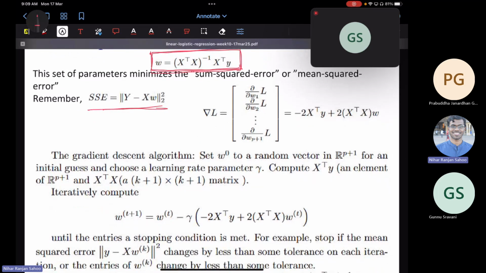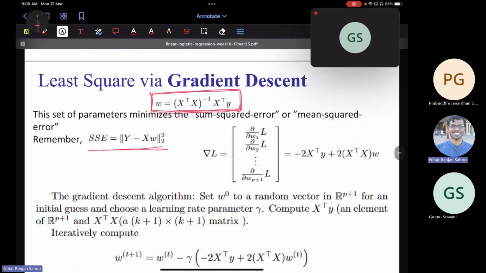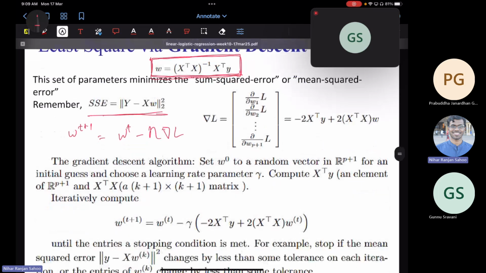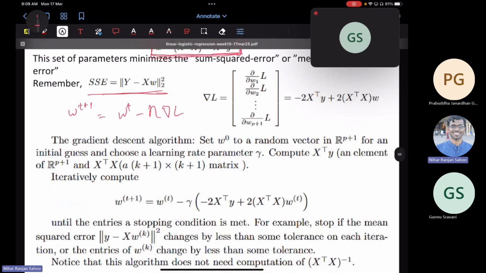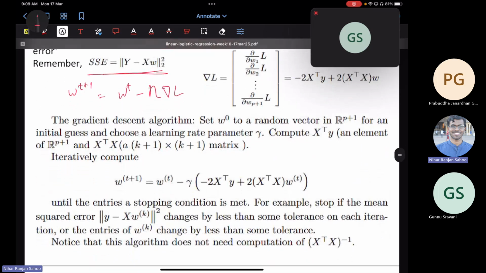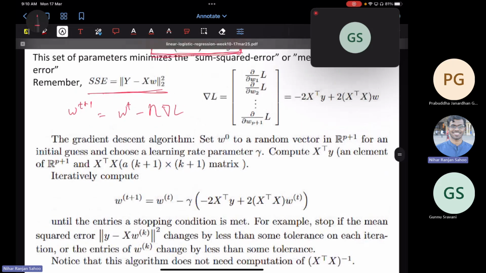If you take the derivative, what is our gradient descent iterative step? At every step t plus one, you take w at t and, with some learning rate, subtract the derivative of the loss function at that w value.